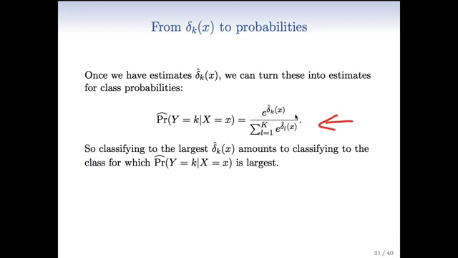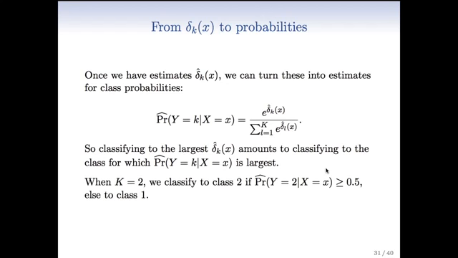You can actually show that as well. It's not that hard to show. And so not only does discriminant analysis give us a classifier, it also gives us the probabilities. When k is 2, we'll classify to class 2 if these probabilities are bigger than 0.5, else to class 1, just like in logistic regression.